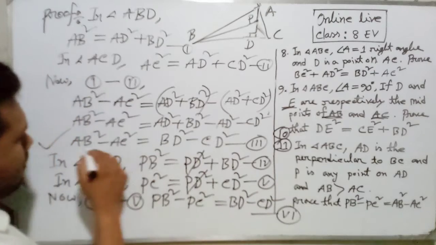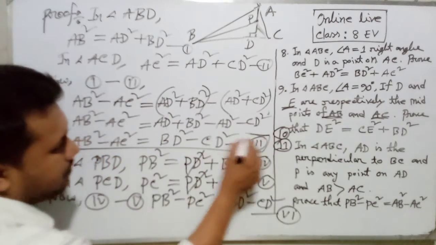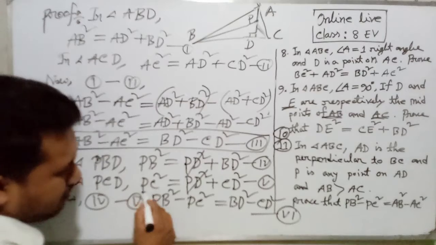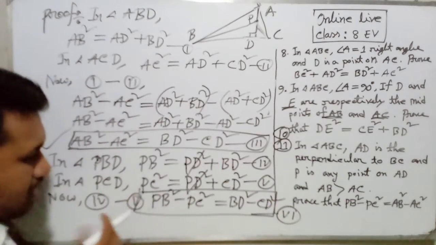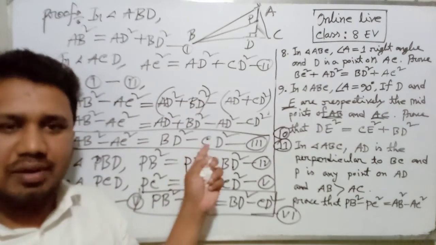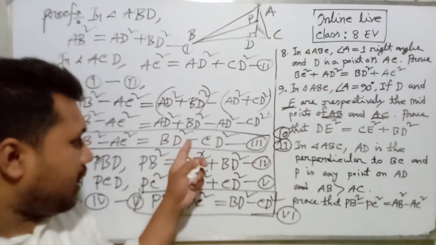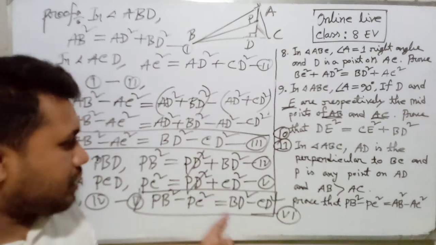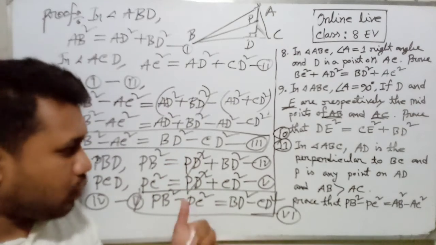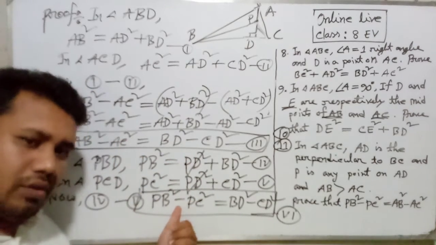Now suppose this is our equation number 6. Now dear students, from equation number 3 and equation number 6, look, the right sides are the same, BD square minus CD square, here also BD square minus CD square. So between these two equations, their right part is the same, so we can say their left part will also be the same.